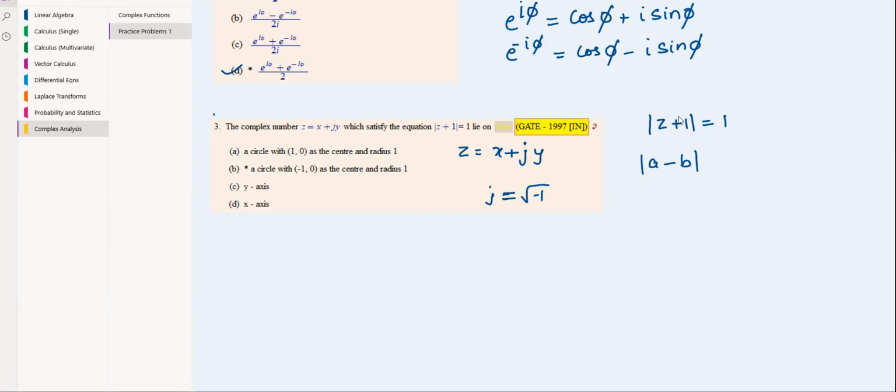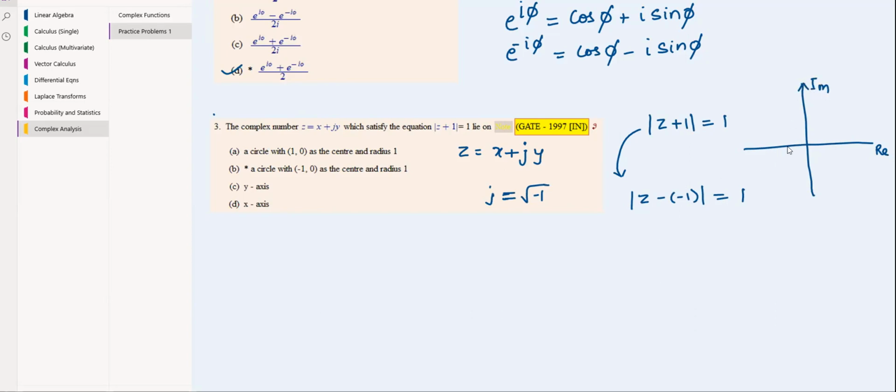So here we can write this as mod of z minus of minus 1, equal to 1. So in the Argand plane, what will this represent? This is real, this is imaginary.